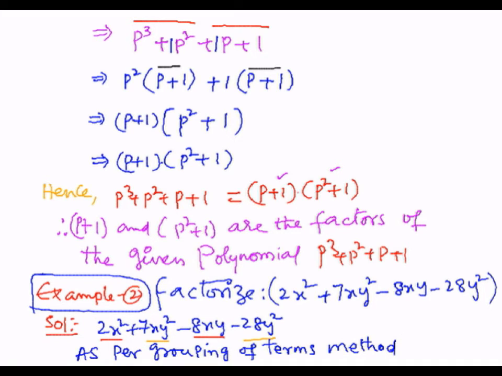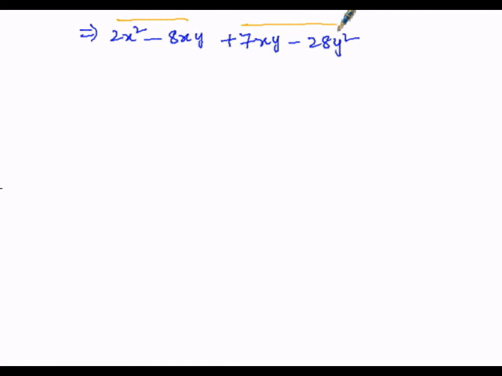That implies 2x square minus 8xy. Then the second term and the fourth term as one group, that is plus 7xy minus 28y square. In this manner I have grouped the first and the third terms as the first group and the second and the fourth terms as the second group.